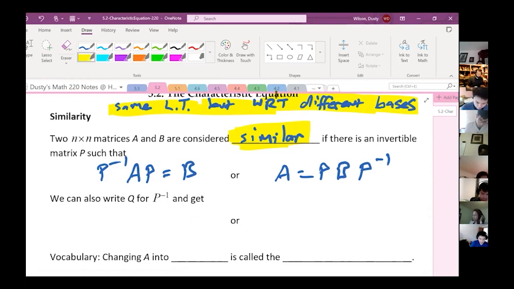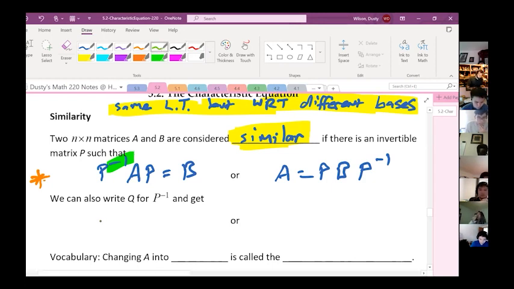Notice in my equation here, I could start with the P inverse on the left of the A, or you might say, well, that's not cool. How do I remember which is which? Well, good news, it doesn't really matter. If you forget where the inverse goes, the same thing holds.